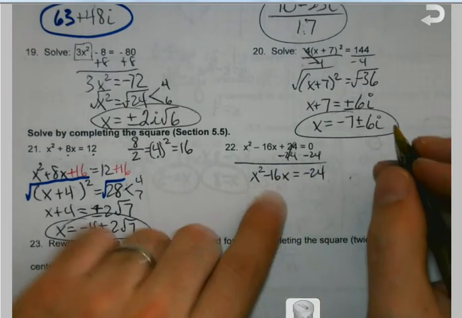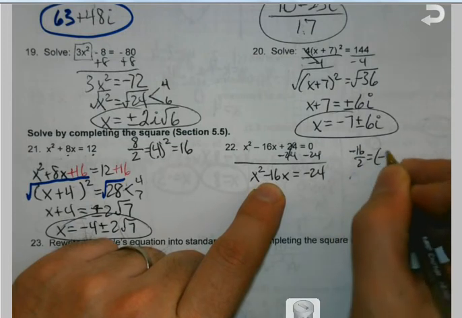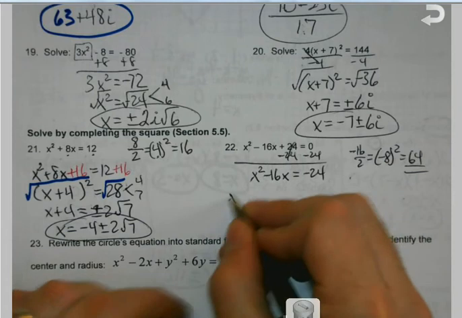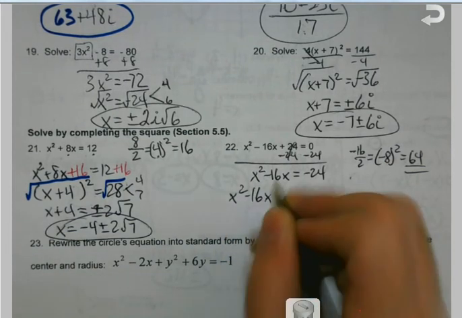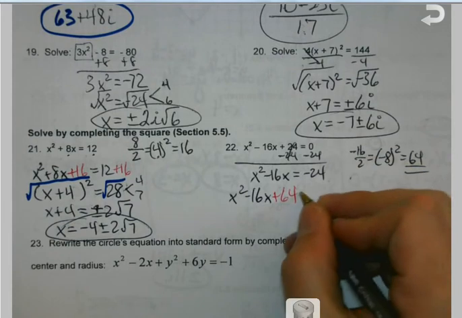Then I go through the process. Take my b term, divide it by 2, parenthesis that, and square it. Add that 64 to both sides.